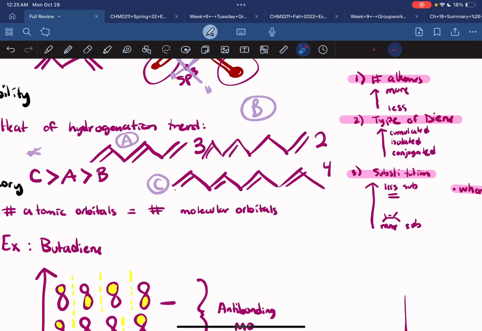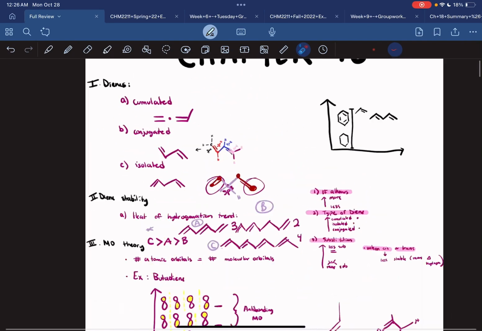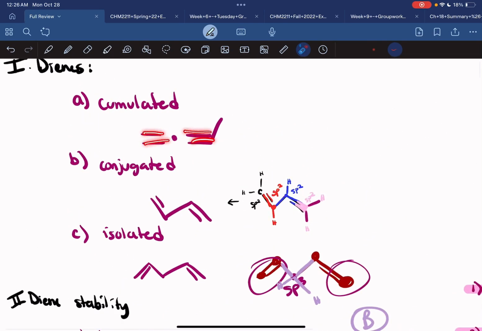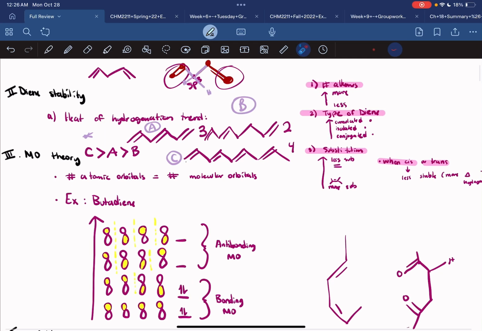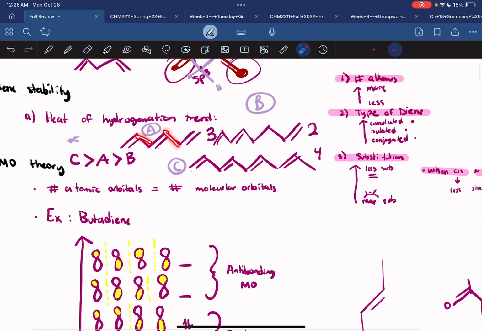For that, we have to decide whether the compound is a cumulated diene, isolated, or conjugated. Right away, we can cancel the cumulated diene, because remember, in cumulated dienes the pi bonds are adjacent, next to each other. But in this compound, they're separated by 1 or 2 or more sigma bonds. So cumulated is definitely not it.